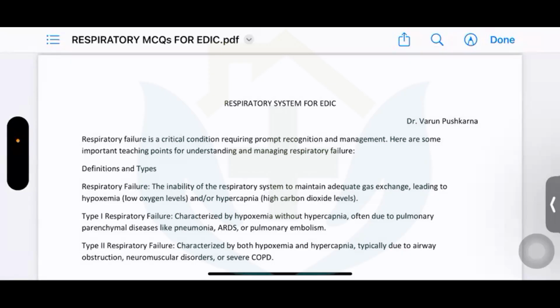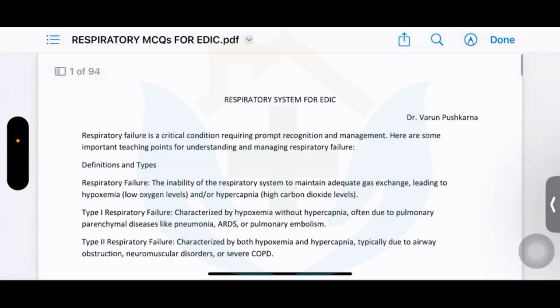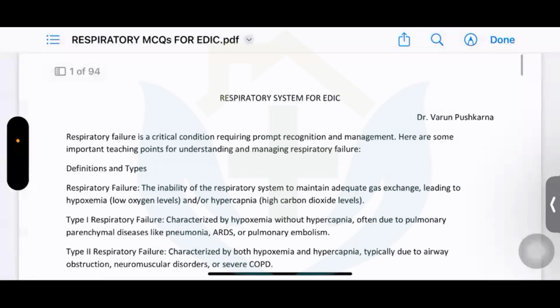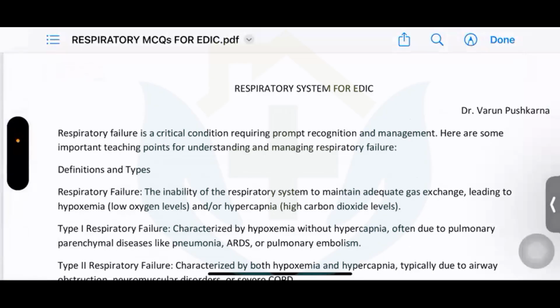Either the oxygen could never be delivered properly or the carbon dioxide could never be eliminated properly. So they are chronic pulmonary failure or chronic respiratory failure, and these respiratory failures also get acutely disturbed during the times of pulmonary illness or during the times of increased need of the body. We will go through respiratory failure because it is one of the important critical conditions for which patients are admitted in the ICU.